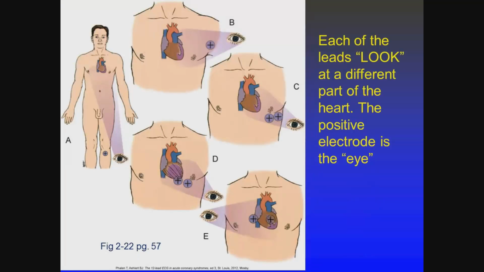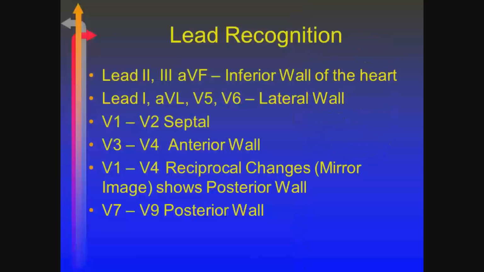And each of the leads looks at a different part of the heart. If you think of where the positive electrode is, that's where the eye is looking in a certain direction. And we're going to put that all together to identify where the heart damage is.